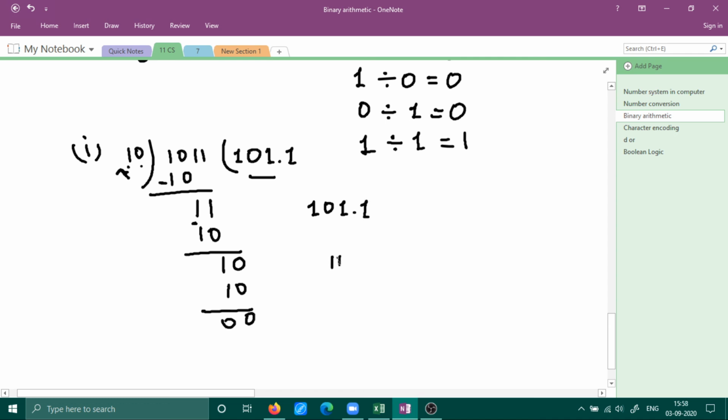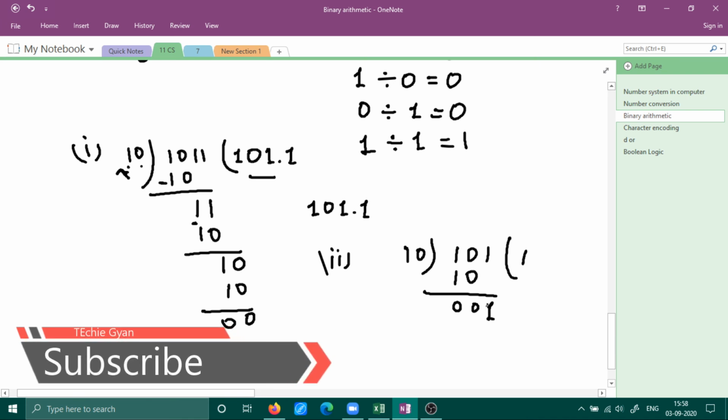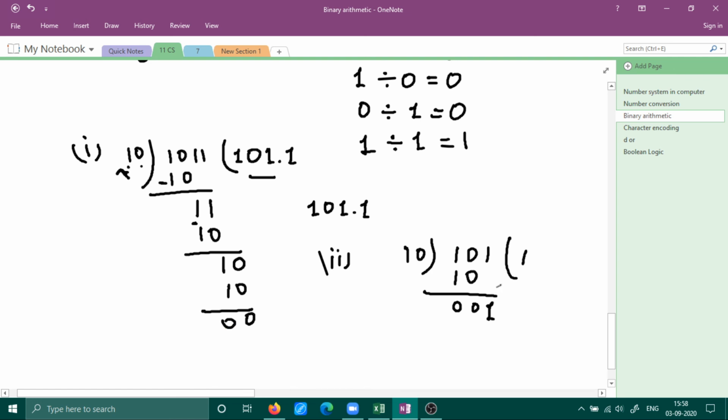Now let's see another example of binary division. If we want to divide 101 by 10, let's assume it's 10, 10, 10 ones are 10. Subtracting now, we get 0 or nothing, so 1 is remaining here, and 1 comes down here.